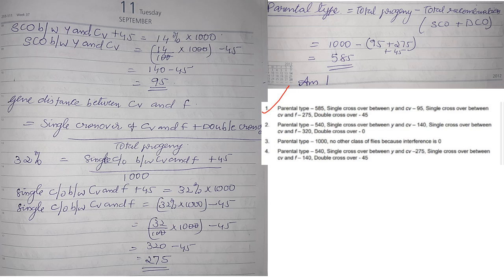So 1000 minus 95 plus 275 plus 45 will give you 585. And your answer is option 1. Parental type 585, single crossover between Y and CV 95, single crossover between CV and F 275, and double crossovers 45. So that is the answer, option 1.